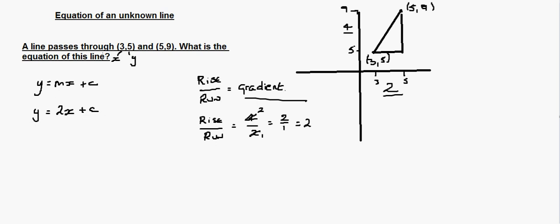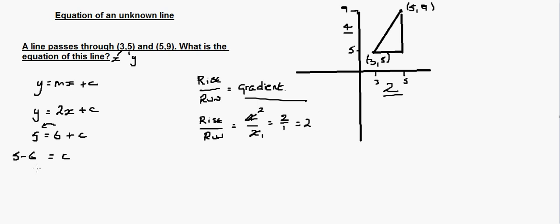So here we've got y. Now y is 5, so I can put in 5 equals, now here x is 3, but we have 2x, so this is 6 plus c. Because what we're doing now is we're just finding the c value. Now I want c on its own, so this 6, remember your basic algebra, is going to come over and the sign will change, so I will have 5 minus 6.